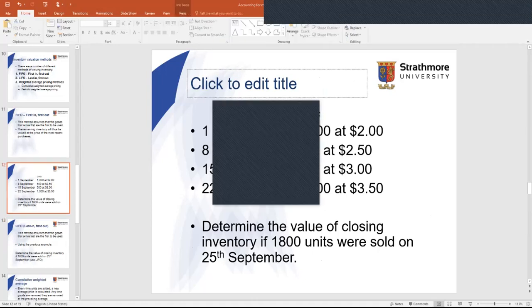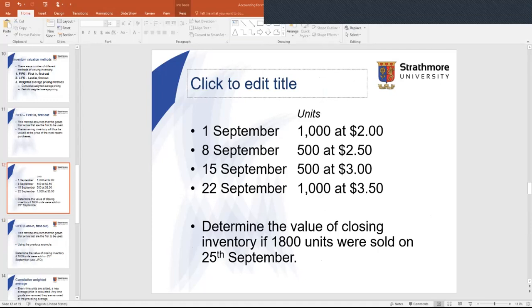500. That's the closing inventory or the cost of sale? Which is which? That's the value of the closing inventory. Value of closing inventory as per Alexander is equal to 2,500, isn't it?